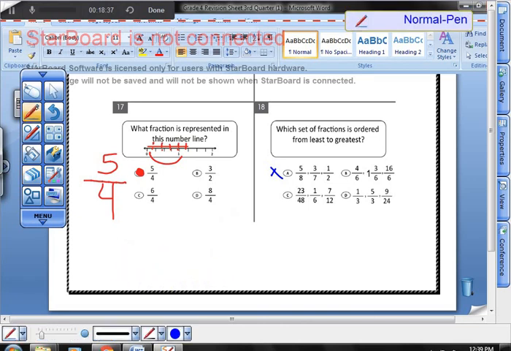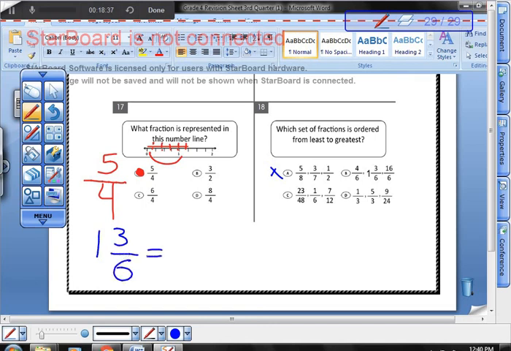Number B. 4 out of 6, 1 and 3 out of 6. Okay, this is a mixed number. In this case, we should put them all in the form of proper or improper fractions.